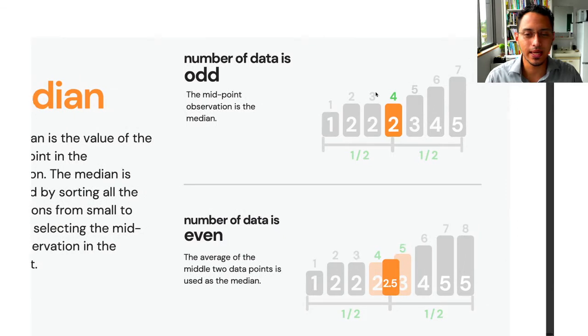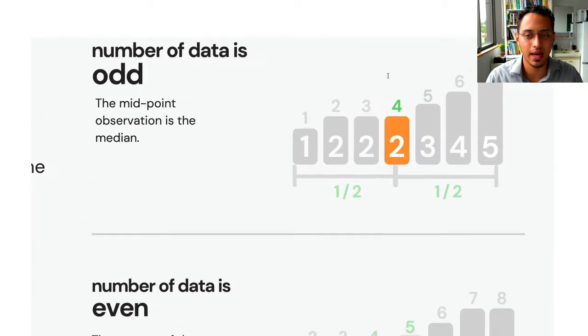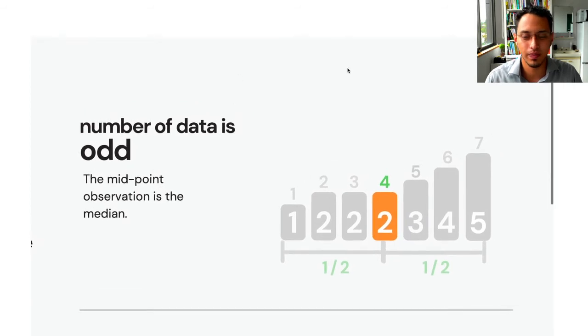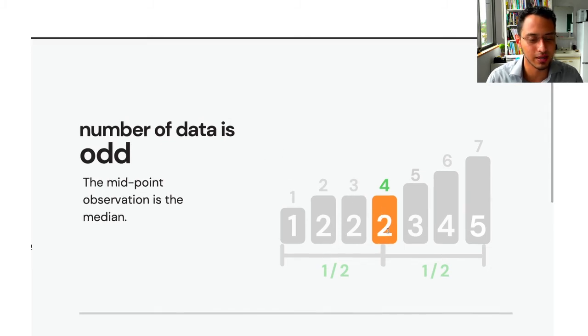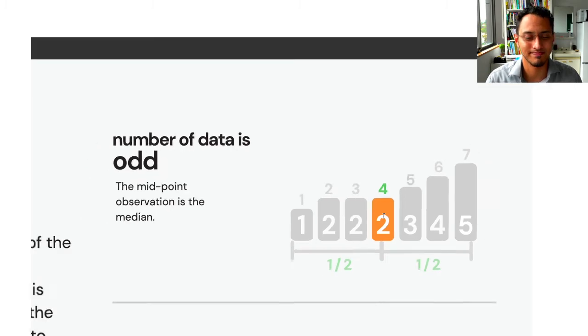The data can have an odd or even number of points. If the data has an odd number of points, the midpoint observation is the median, because you can easily find the one in the middle. If the data is split in two, half here and half there, the one in the middle is the median.